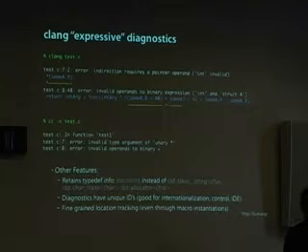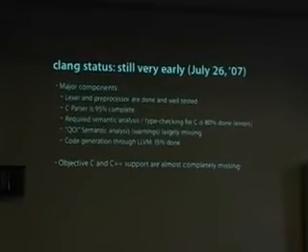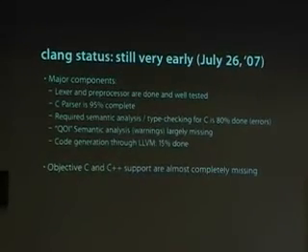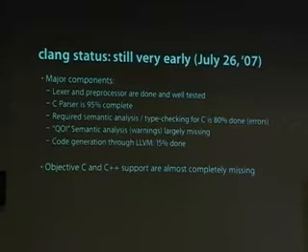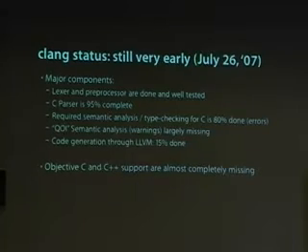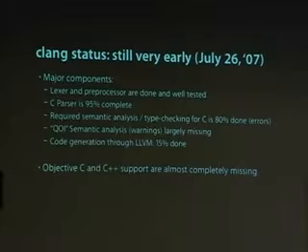So where are we, right? So this is still very early work. You're not going to download this and build a Linux distro with it. Again, it's broken up into a series of libraries, and so the Lexer and preprocessor are already well done. We have one of the people who co-developed the GCC preprocessor scrutinizing everything, and he's convinced that it's doing the right thing in all of his crazy test cases.